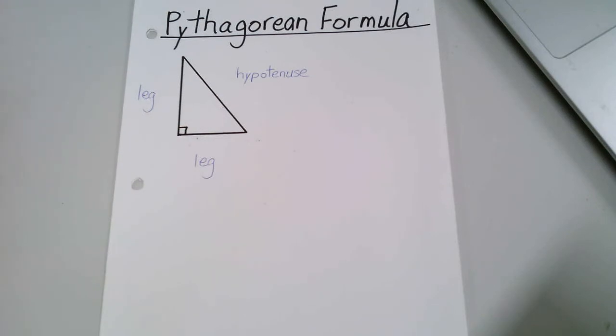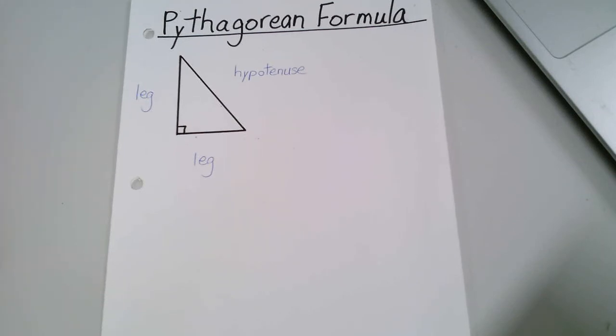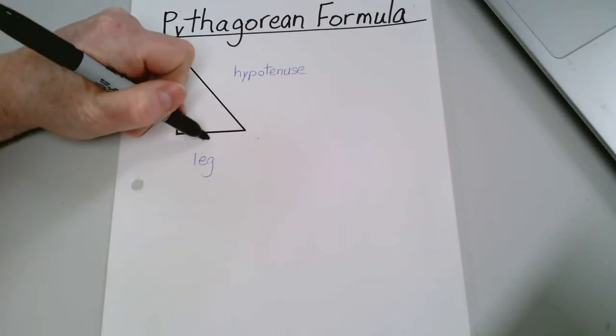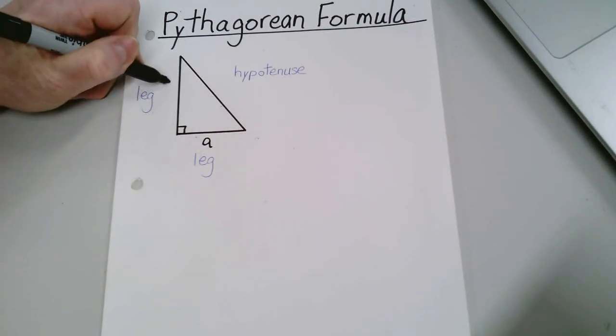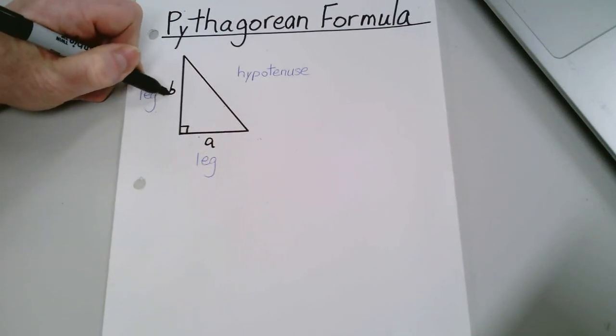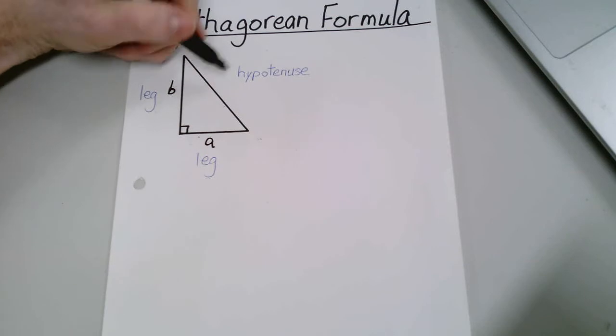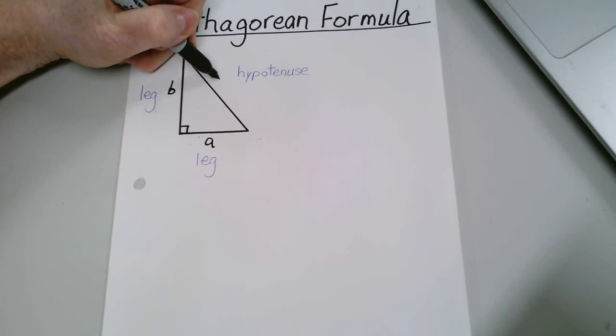The other two sides are called legs. And each of these sides is also represented by a letter. So one of the legs will be called A, the second leg is B, and the hypotenuse is C.